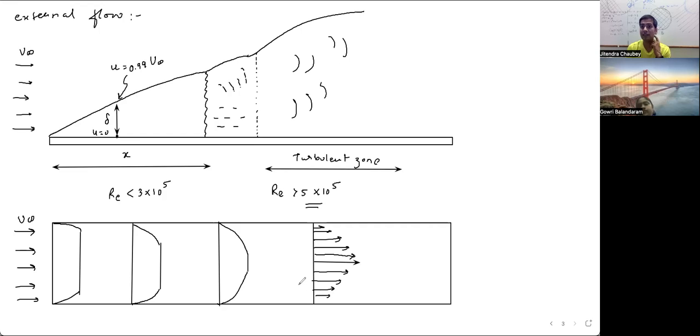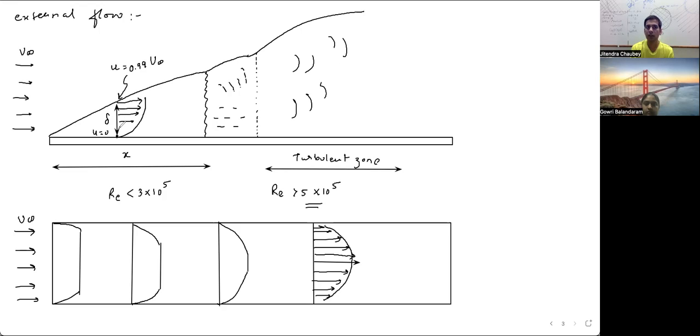Whenever the fluid is Newtonian, this curve will be parabolic in nature. Over here also, in the laminar zone or the turbulent zone, when you try to draw a velocity profile, you will see that the velocity is negligible at the bottom and increases toward the surface, and it has a parabolic nature over here also.